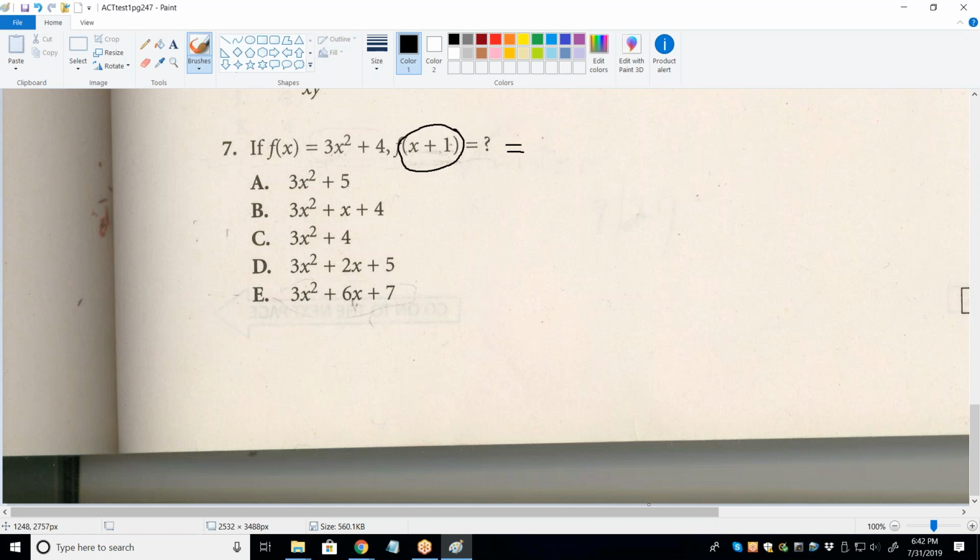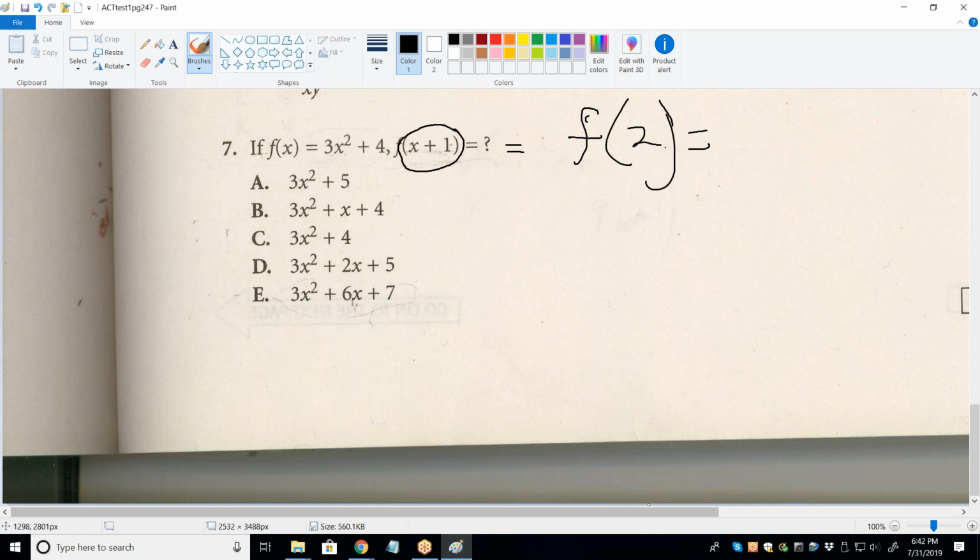In other words, let's back up a little bit. If I said, what is f of 2? What is it? No, there's a trick. You always do it every single time. Whatever is in the parentheses, you do what? You plug it in for x.